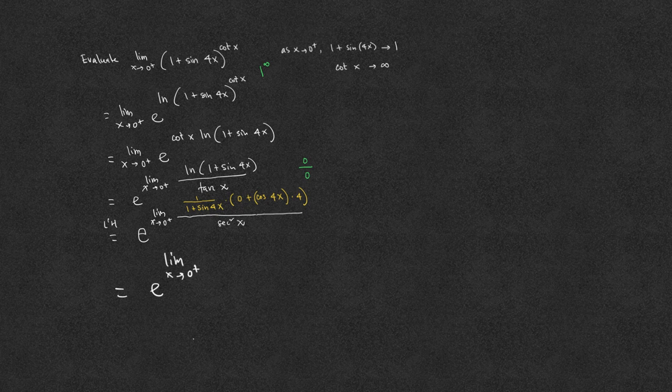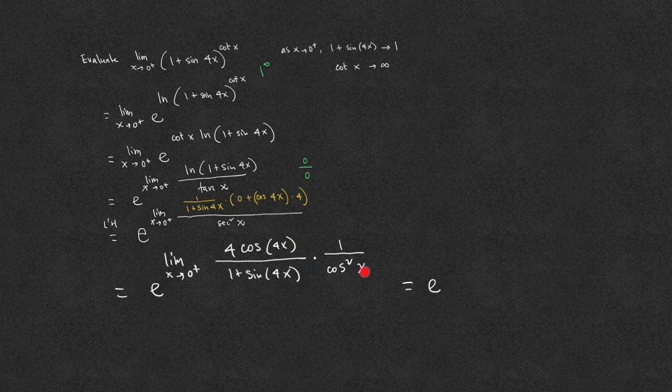Cosine of 4x times 4 is 4 times cosine of 4x, over 1 plus sine of 4x, and then divided by secant squared of x, which is the same as multiplying by its reciprocal. The reciprocal of secant squared of x is 1 over cosine squared of x. And all of these are still in the exponent. We still have e as the base.